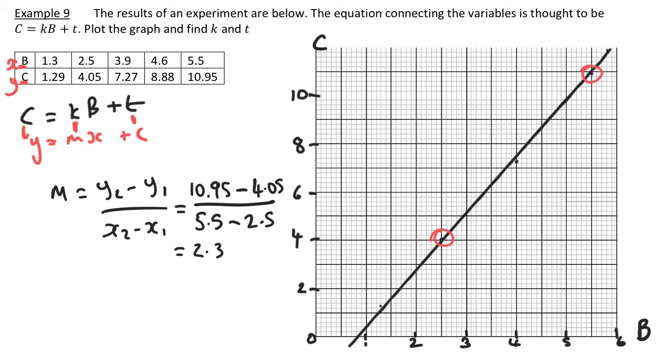Now the y-intercept we can't read off, so we're going to have to substitute 2.3 into our equation. So c equals kb plus t.